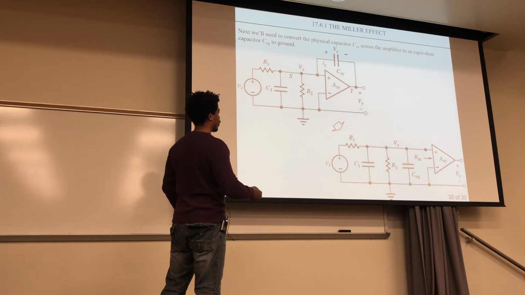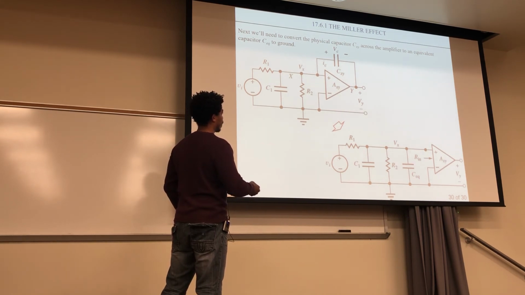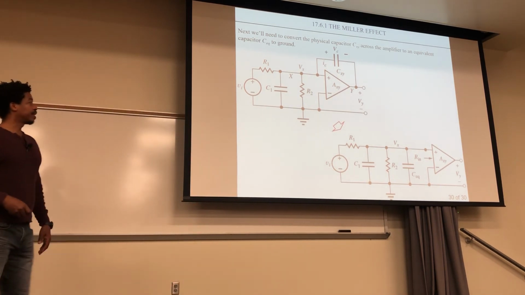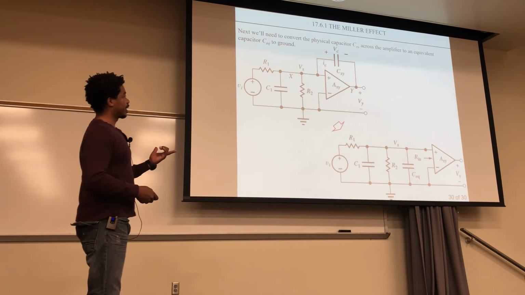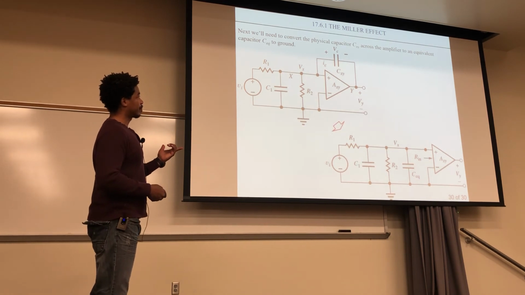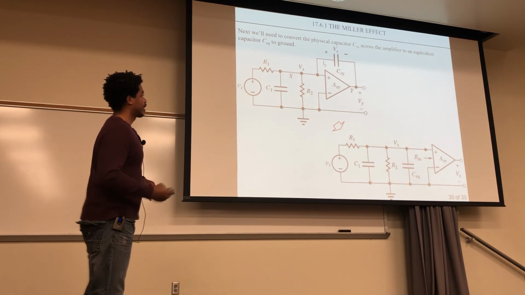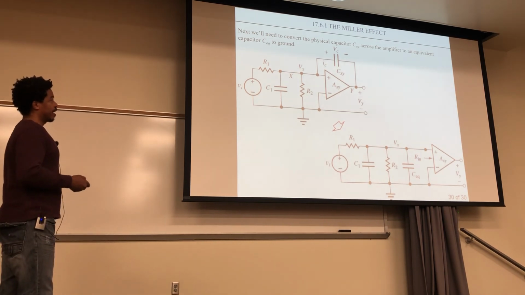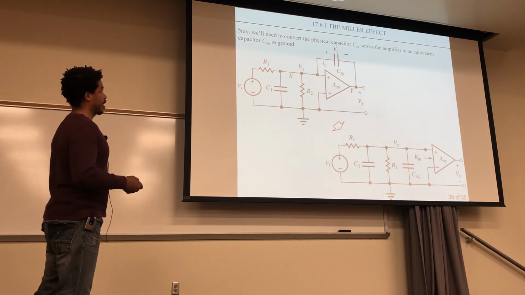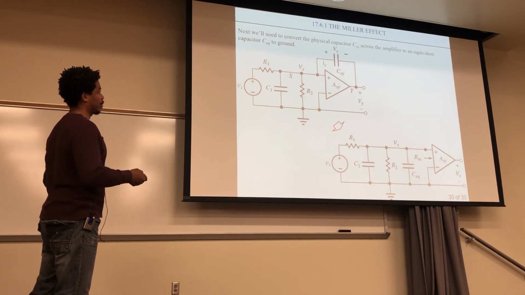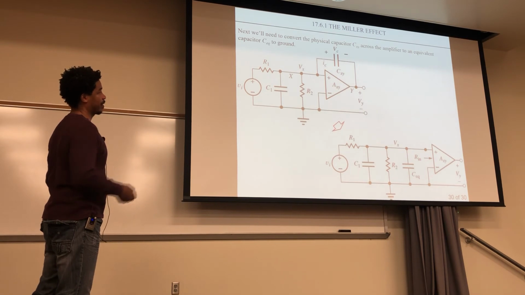We'll stop here, but we'll continue on Friday, continuing this analysis of how we take this and create an equivalent capacitor that does the same thing. All right, that's it for today.